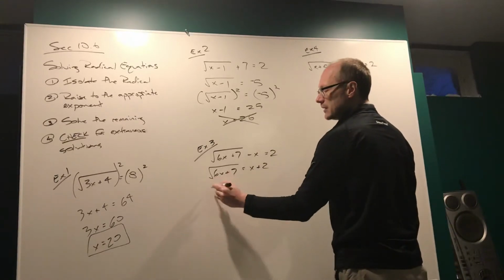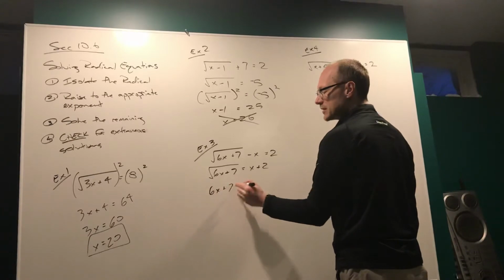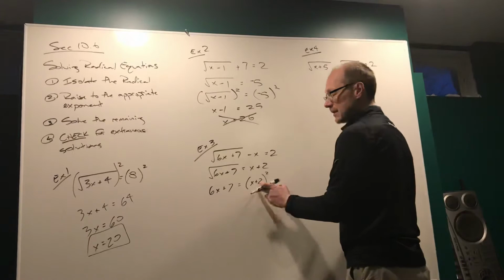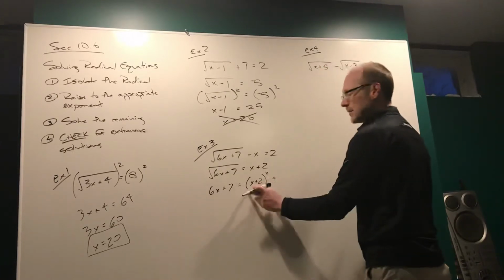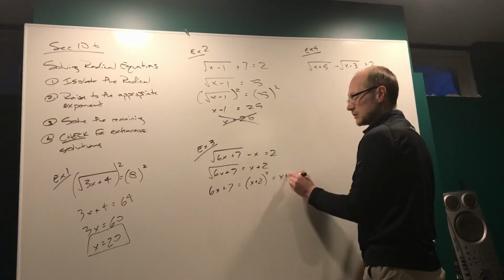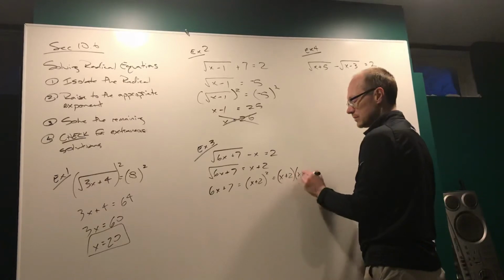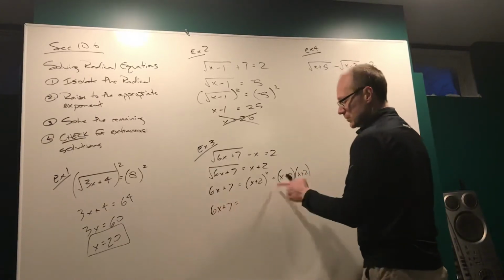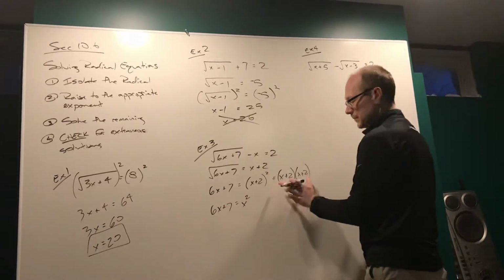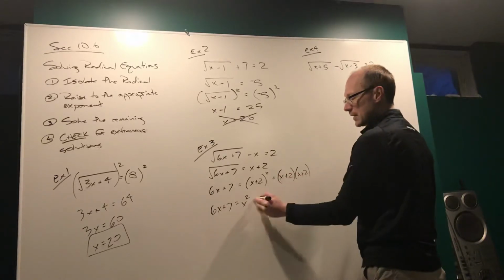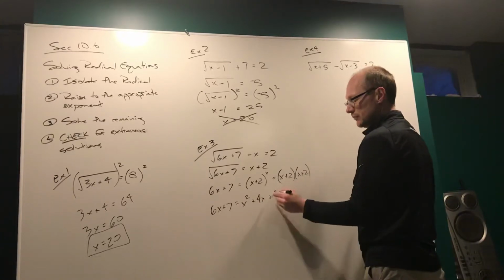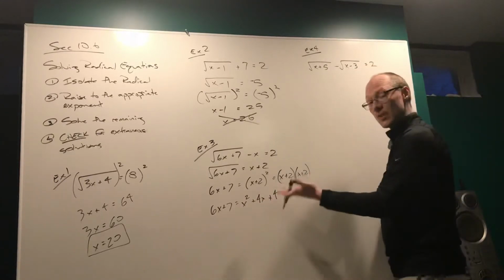Squaring this side gives me 6x plus 7. Squaring on this side means I'm going to have to FOIL this. X plus 2 squared is x plus 2 times x plus 2. 6x plus 7 equals x squared. 2x plus 2x is 4x. 2 times 2 is 4. My square roots are gone.